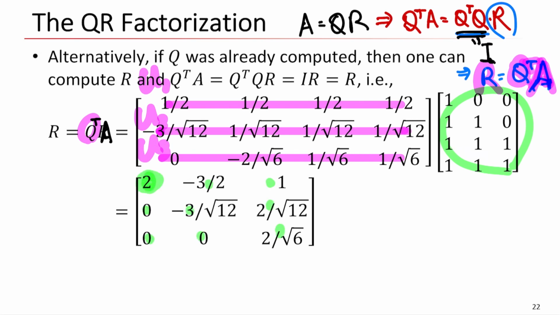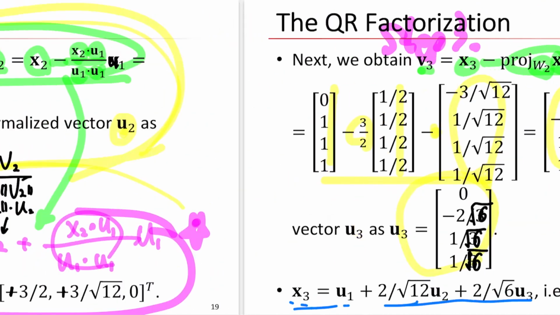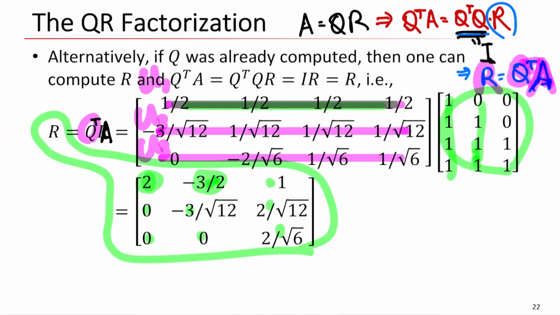How can we do that? By computing this, we can compute this one and this one, right? For computing this, we can easily compute this one and this one, something like this, right? Anyway, we can easily find out the matrix R here, right? So it is much easier than that other way to find out matrix R, right?